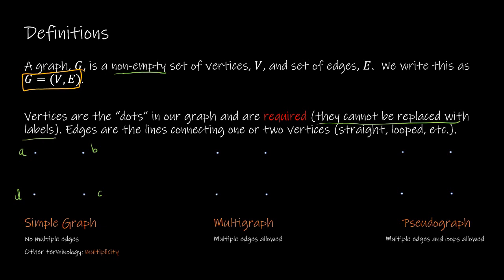And I point this out only because I've been teaching this for a while. And the biggest mistake that I see students make is, let's say I've got a simple graph, which we'll talk about what that is, that connects A to B, A to C, A to D, B to C, and D to B. So that's an example of a simple graph, and we'll talk about why in just a moment.